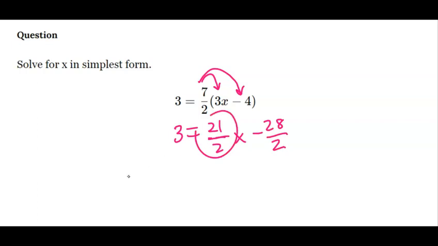Now this one is not evenly divisible, but this one is. So I'm going to reduce this 28 halves into a 14. And then I'm going to clear this constant.